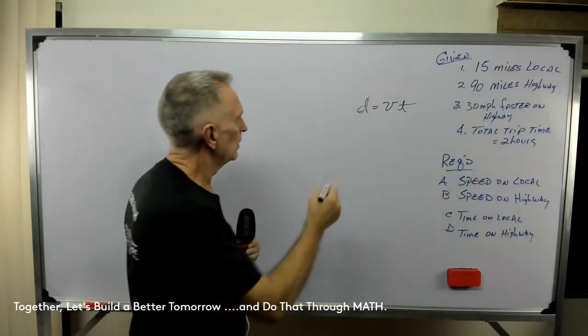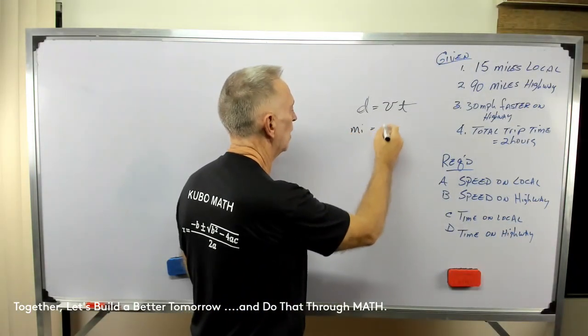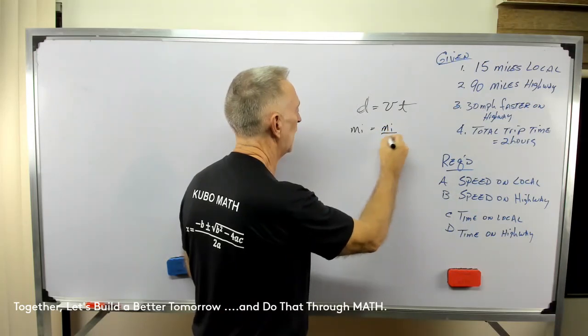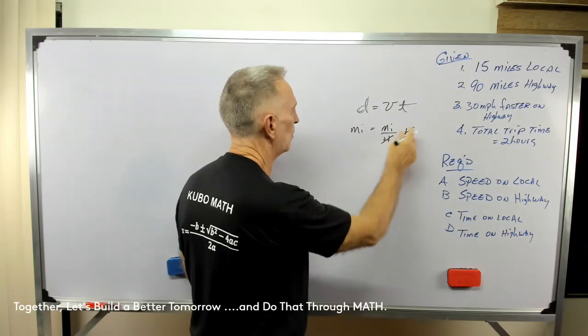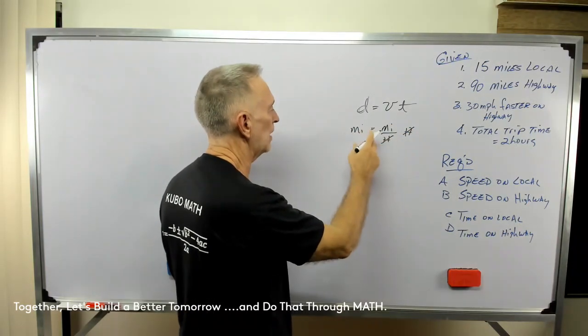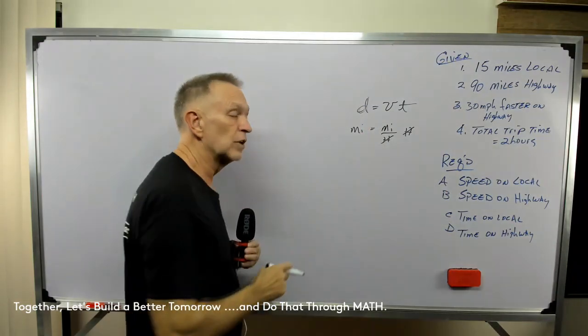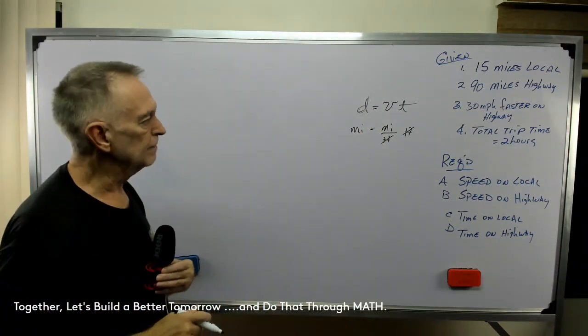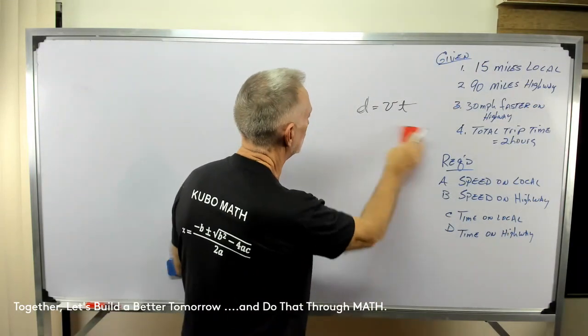Well, distance might be in miles, and velocity is in miles per hour. Time might be in hours, so hours cancel, and I end up with miles. So velocity times time gives me units of distance. Okay? All right? So that's something I do know.